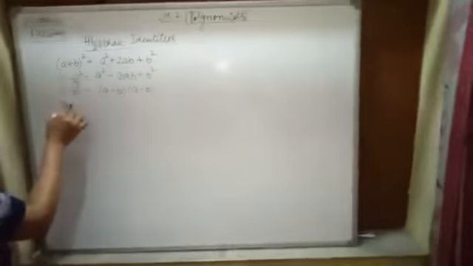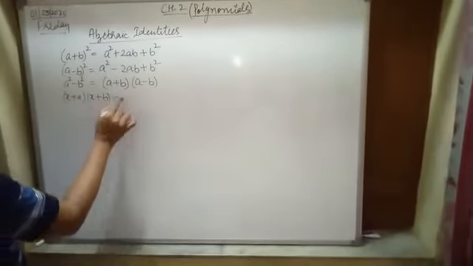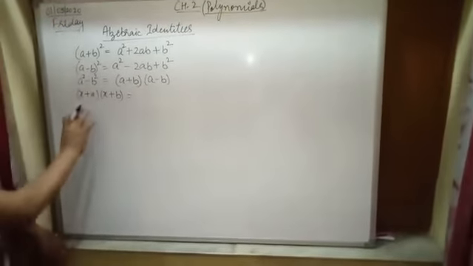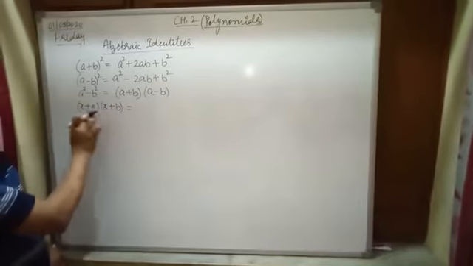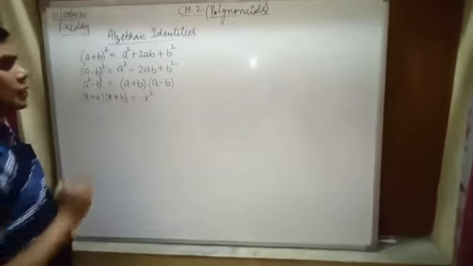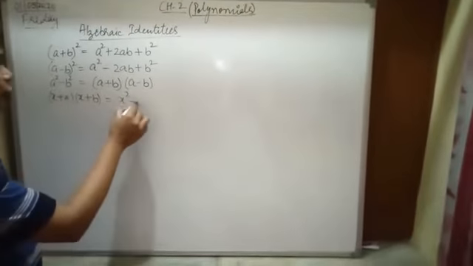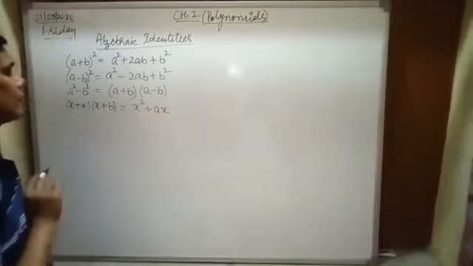One is (x plus a)(x plus b). Then what will we get? This x is multiplied by this x, so that it is x square. This a is multiplied by x, so we get ax.